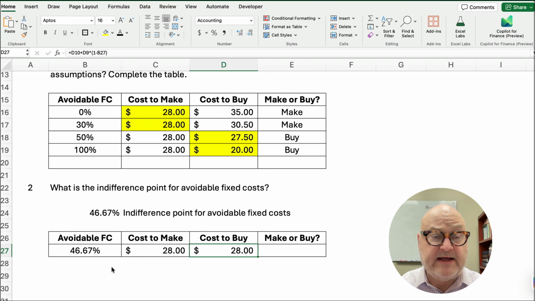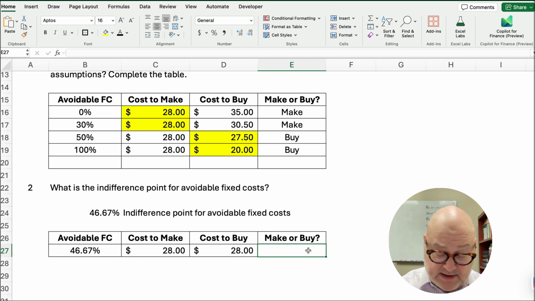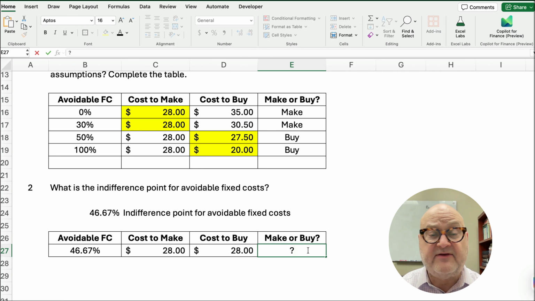At this point, if we get rid of about 46 2/3% of our fixed cost, then the cost to make is 28, the cost to buy is 28. So do we make or buy? At that point, we don't have a decision. This is the indifference point. So this is how you calculate the make or buy decision, the outsourcing decision.